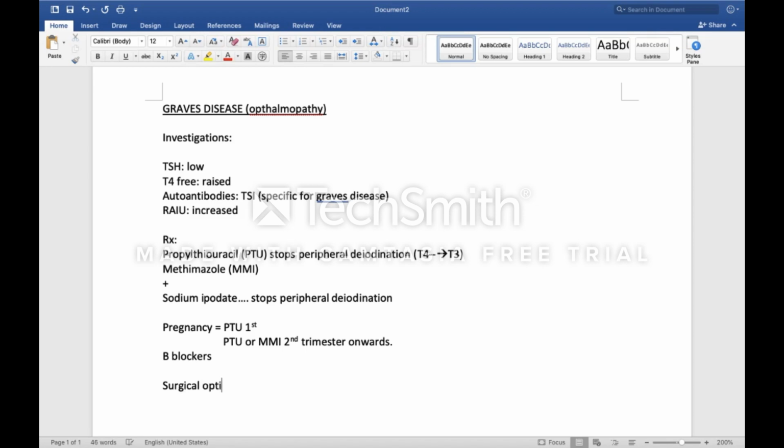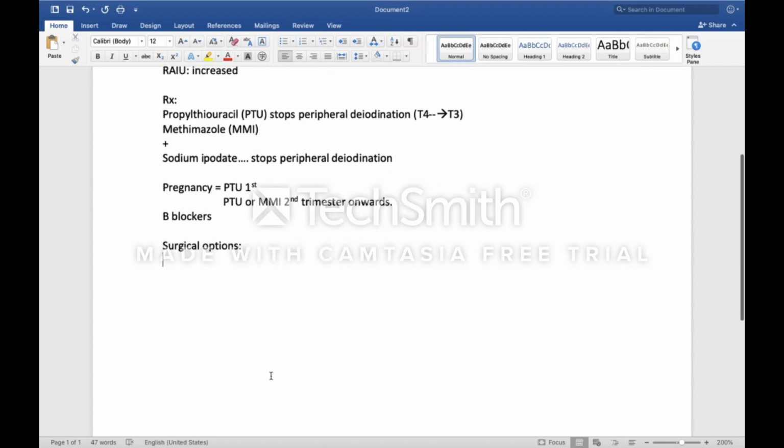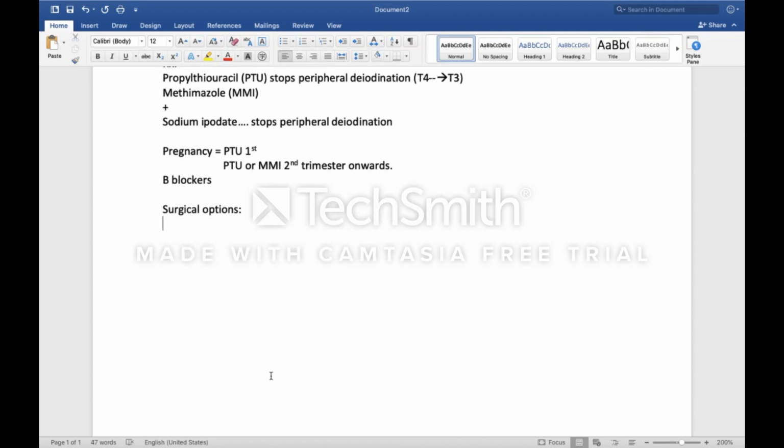Okay, so what are the different surgical options which are available? Like a very common sense, surgery, it's surgery. So you can go for thyroidectomy, but before that, nowadays they are doing some new type of therapy that is called thyroid ablation therapy, in which the thyroid cells are destroyed, you can say, with the help of radioactive iodine.